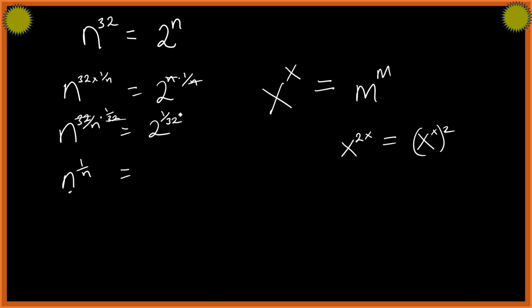So we multiply the power by 2 on 2. 2 on 2 is the same as 1, so I've done nothing to the power.